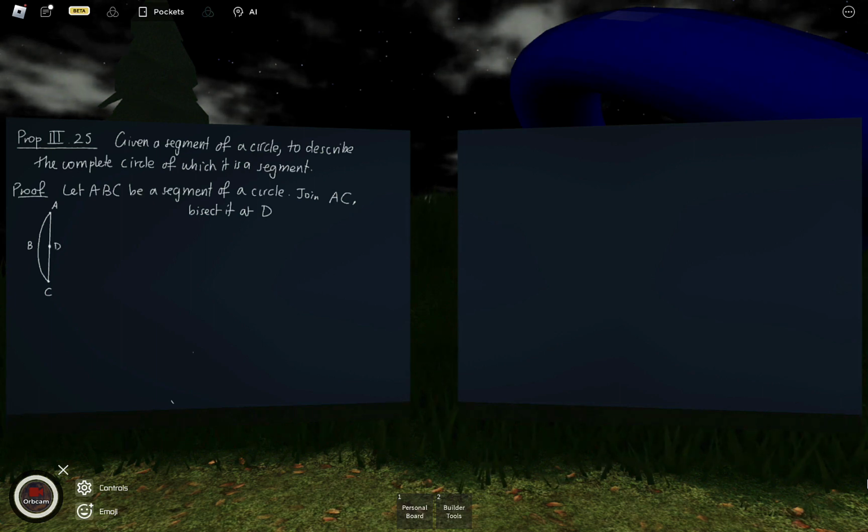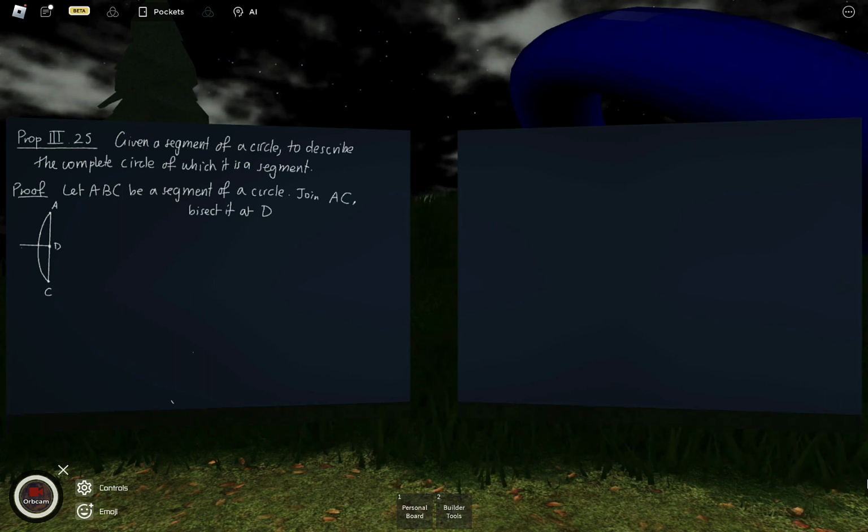Now it says let a line be drawn from the point D at right angles to AC. So B doesn't really exist yet. So we can draw a line at right angles. I guess it could meet on either side, but then we reorient this diagram so that the segment is on this side.